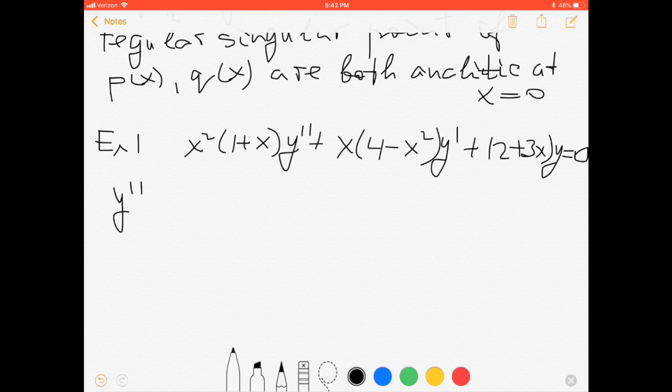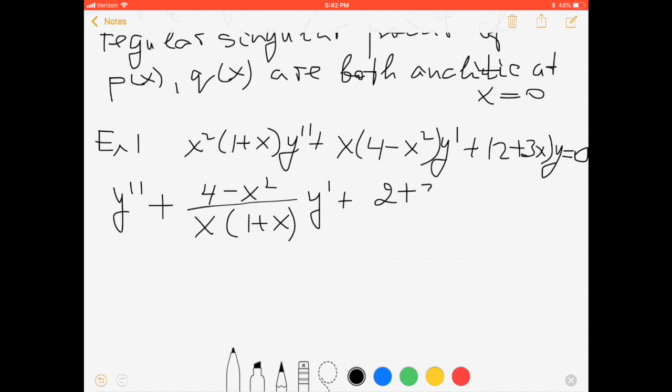The factor x cancels, so here I have only x(1 plus x) on the first derivative, plus (2 plus 3x) over x squared (1 plus x). This is my P(x) and Q(x).